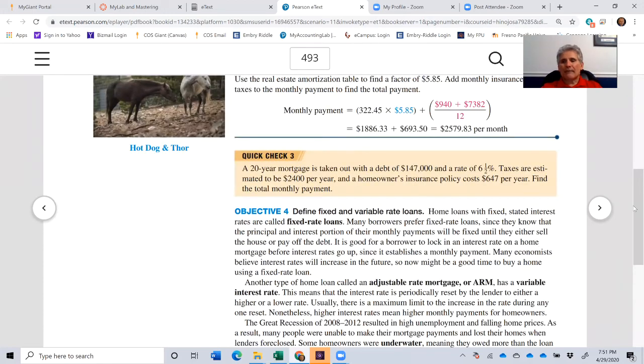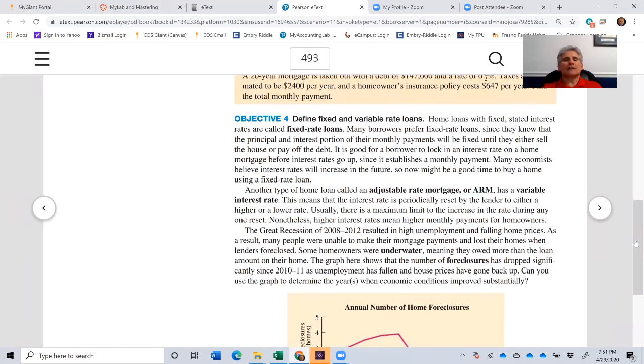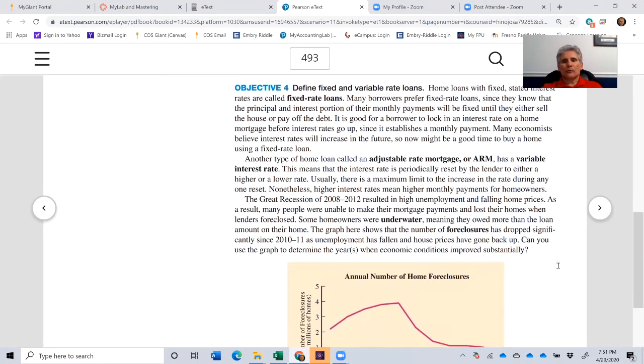Now, when you go buy that first home, you're going to learn that there are different ways to borrow money. You can do what's called a fixed rate, which means the rate does not change. Whatever that rate is, it remains fixed throughout the entire term of the loan. Or you could go with what's called a variable rate. Sometimes those loans are actually a little lower, but they're subject to change.